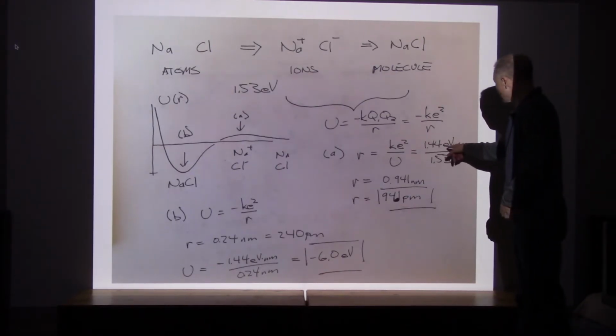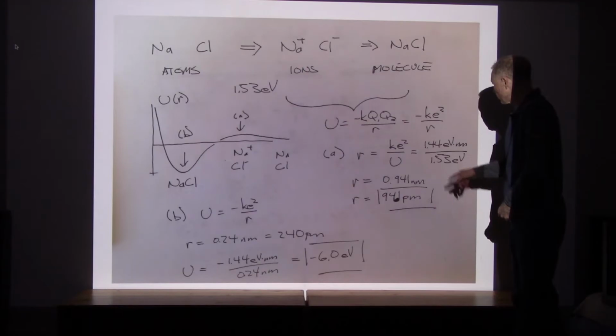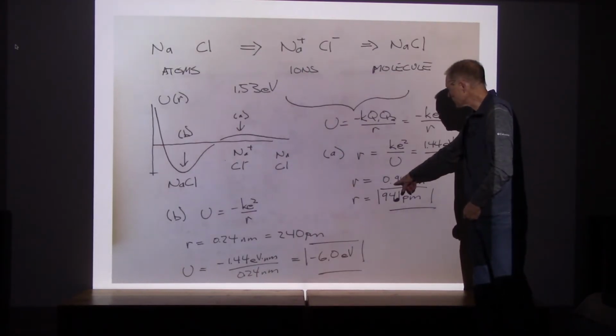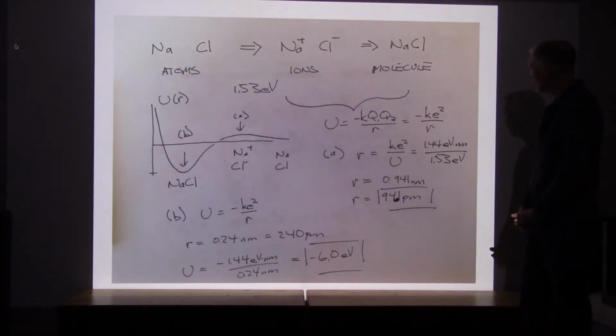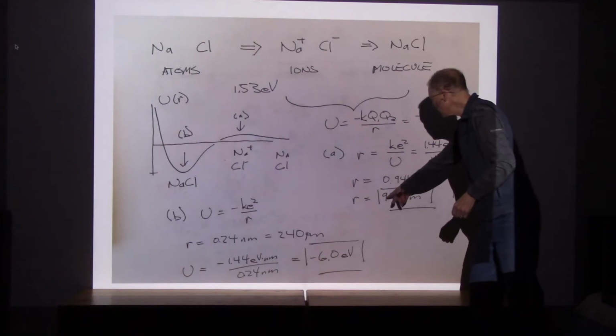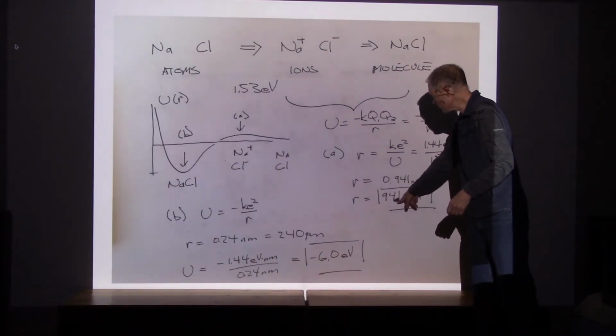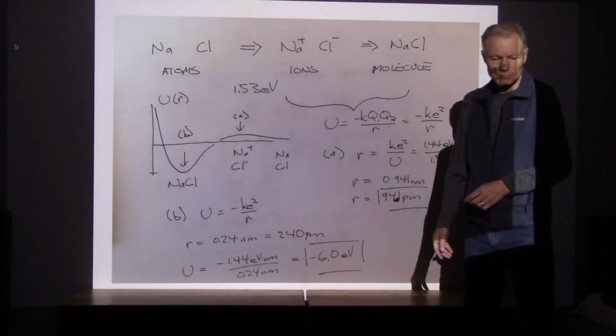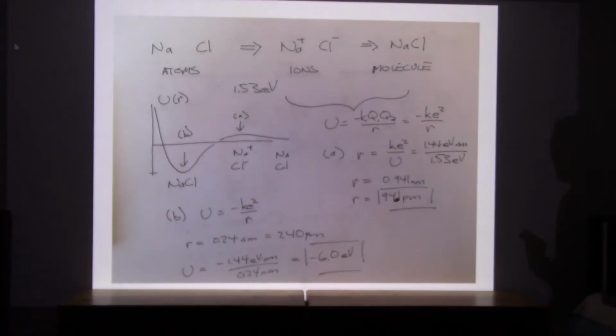So we can take the 1.44 eV nanometers, divide that by 1.53 eV, and that predicts a separation distance of 0.941 nanometers, or 941 picometers. I'm sorry, that's an erasure, not a decimal.